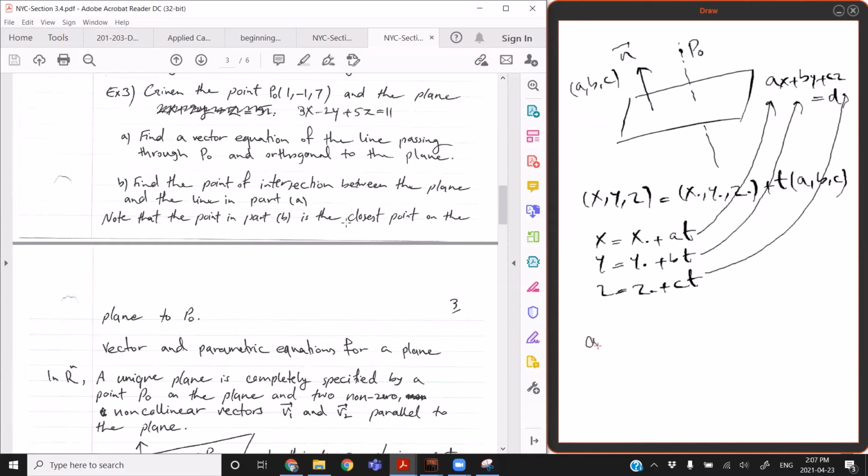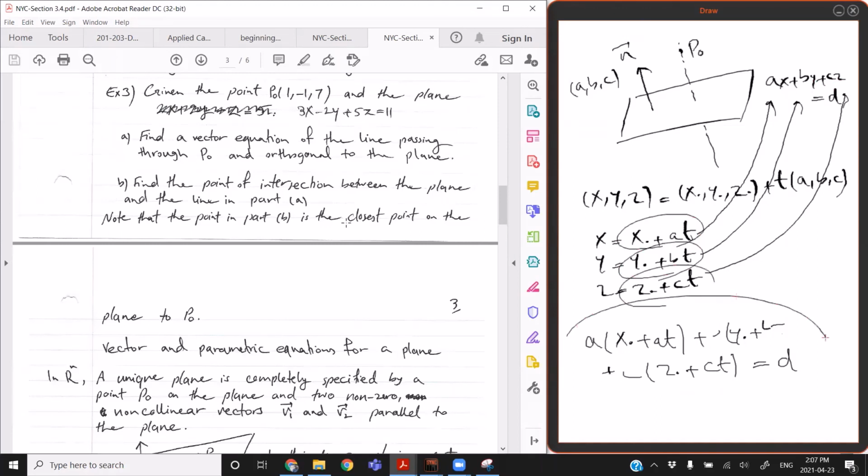So you plug in A times X0 plus At, plus B times Y0 plus Bt, plus C times Z0 plus Ct, is equal to D. You just replace X with this, Y with this, and Z with this.